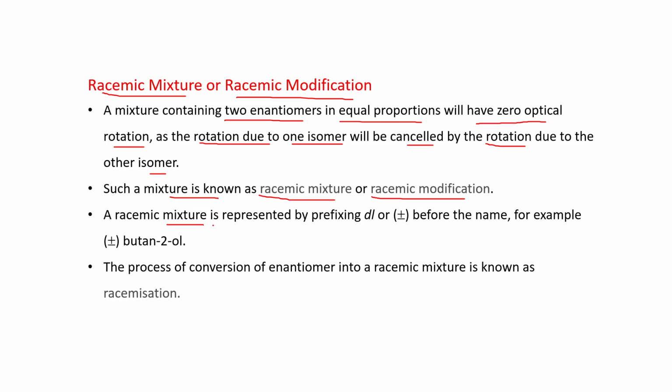A racemic mixture is represented by prefixing DL or plus-minus before the name. For example, this butane-2-ol represents that this sample of butane-2-ol contains equal proportions of dextro and levorotatory isomers. The process of conversion of an enantiomer into a racemic mixture is known as racemisation.